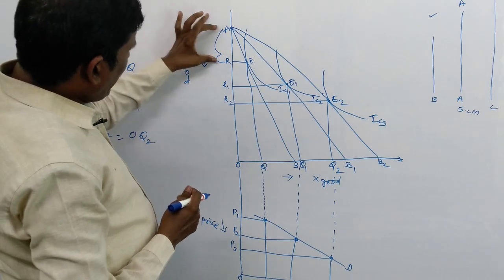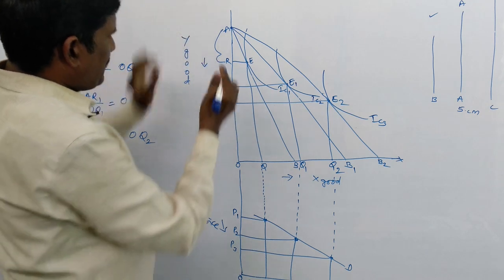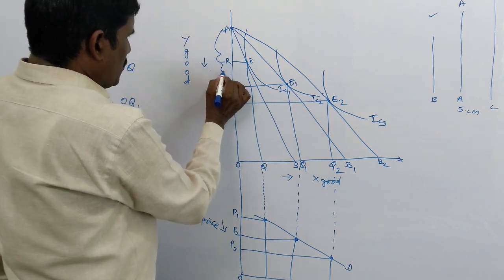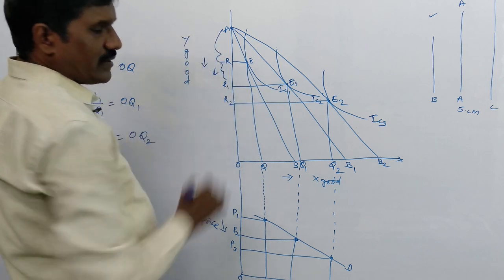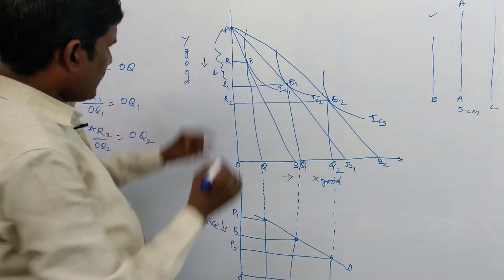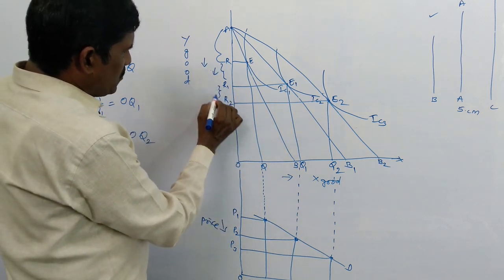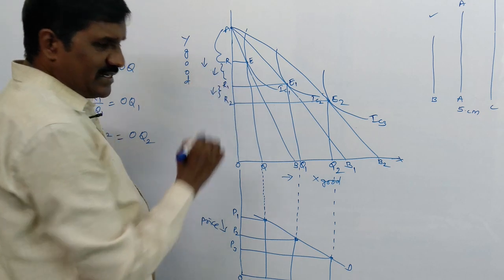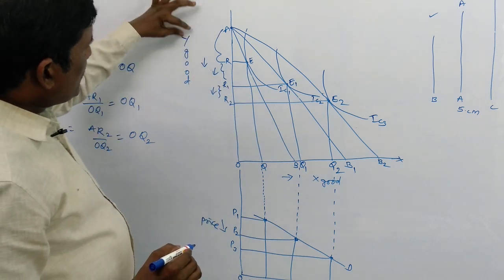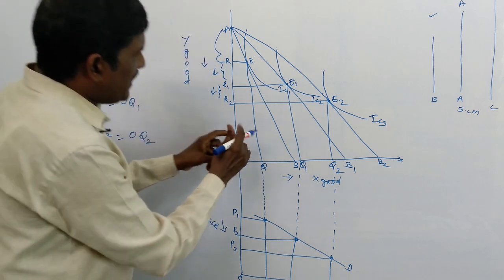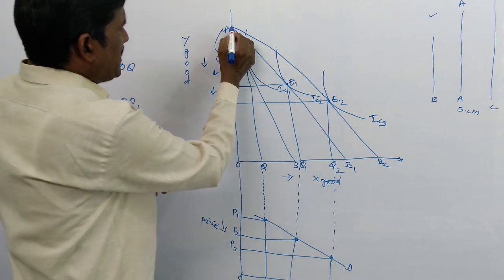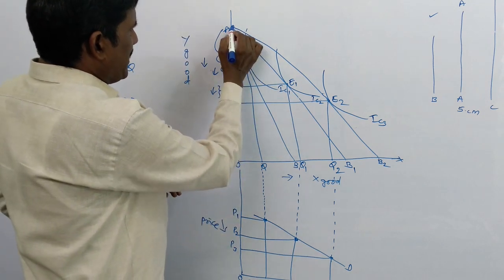Expenditure on Y commodities is AR. Then the AR decreases to R2 R1. The expenditure on Y decreases to R2 R1. Then the income spent on Y commodity decreases. There is no change in the price of Y, but the consumer wants to purchase more of the X commodity. The Y commodity is constant.